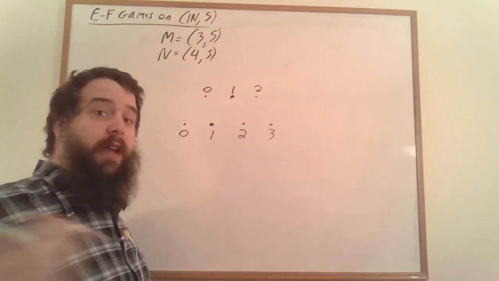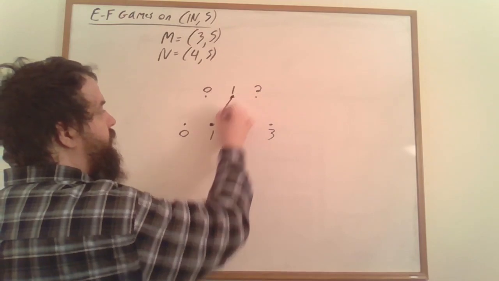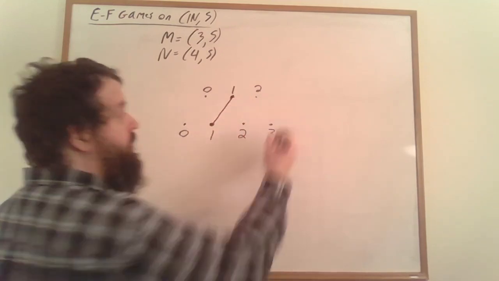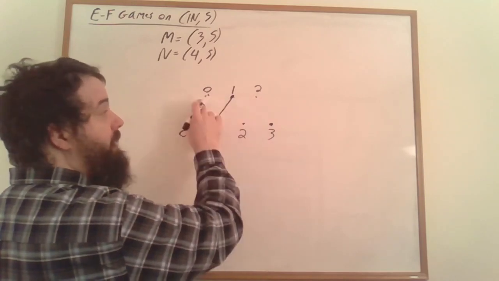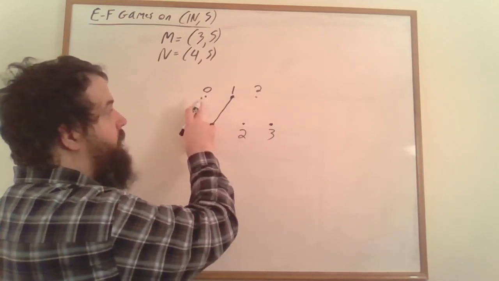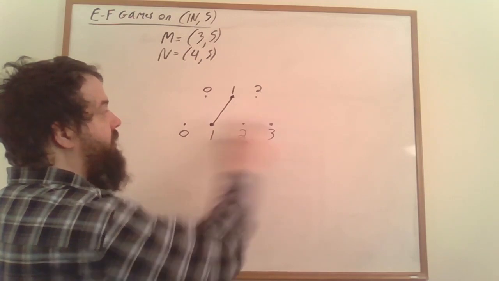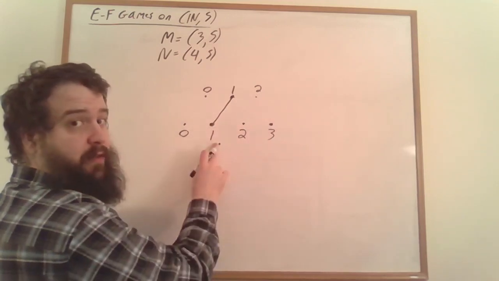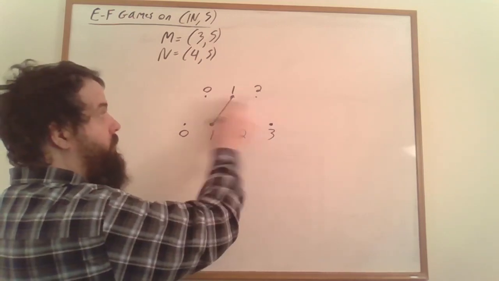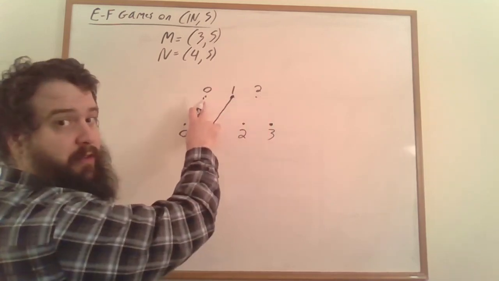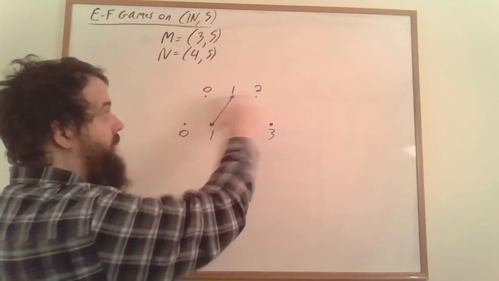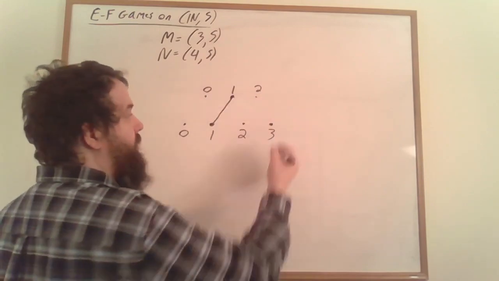On the other hand, if duplicator matches to 1, then spoiler can play here, and actually duplicator can't play in either of these positions, because this element is neither the successor nor predecessor of this element, but this element is the successor, and this element is the predecessor.